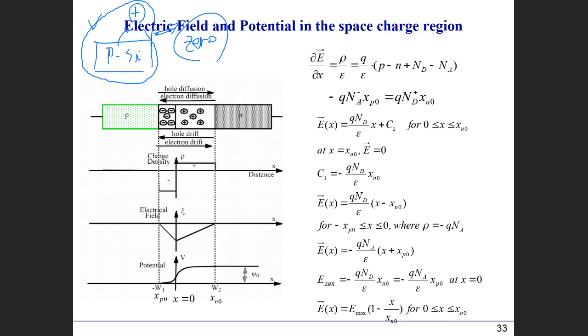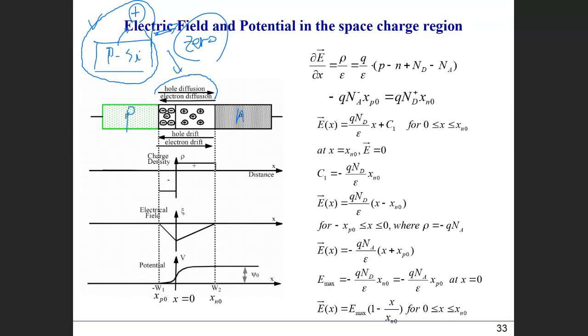Now, when you form the PN diode, as I explained, you have P, N, and then the so-called depletion region. Within this depletion region, electrons and holes move and recombine, so they leave their dopant charge.